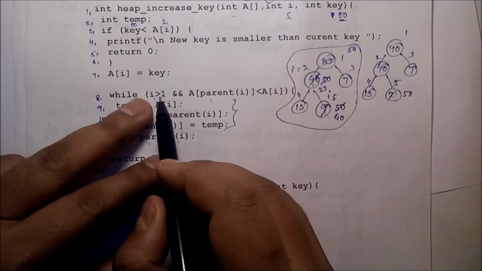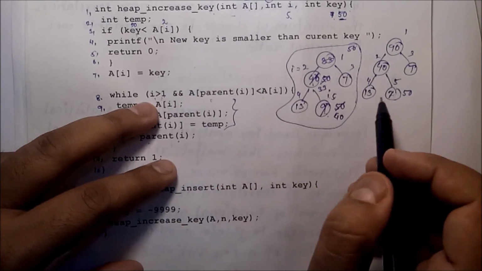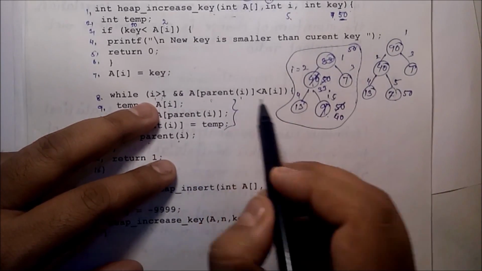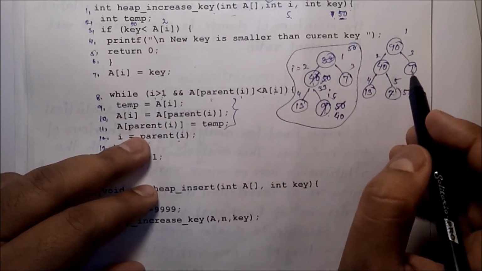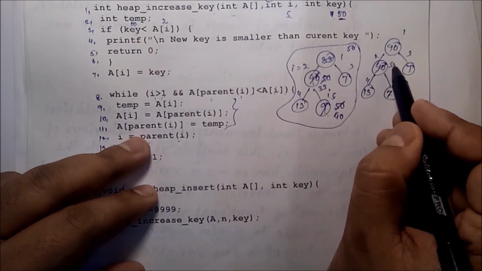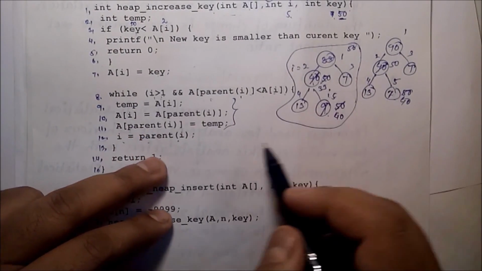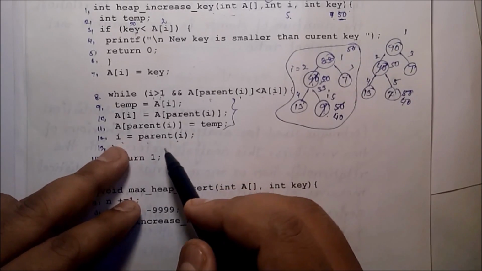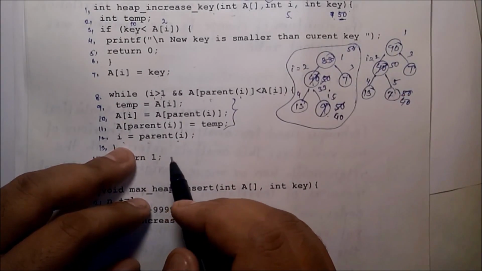Now while i is greater than 1, yes, the condition is true. If the content of the parent is less than this, the condition is true, so swap with the parent. So it is 50 and it is 40. After that, i is equal to parent of 5, so now i is equal to 2.